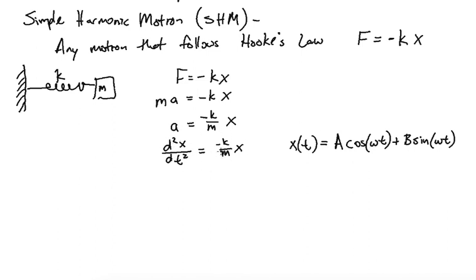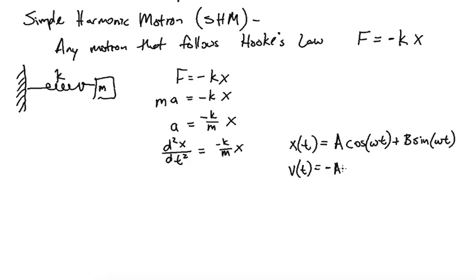If we start doing these derivatives, we can get something pretty quick. The first derivative of this would be velocity, so velocity as a function of time. The derivative of cosine is negative sine, so this is negative a, and then you have to do what's called the chain rule.